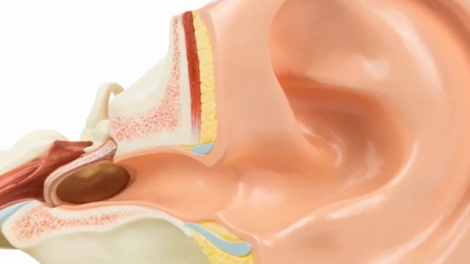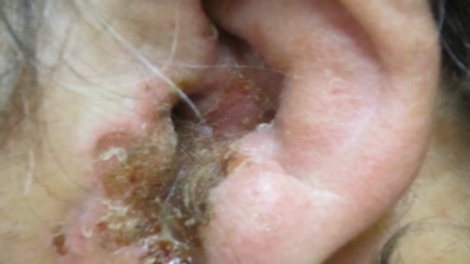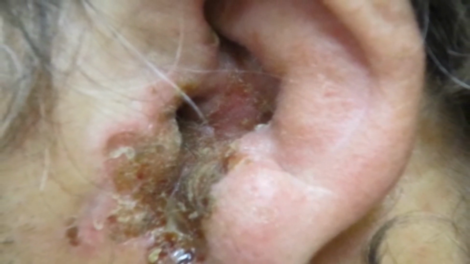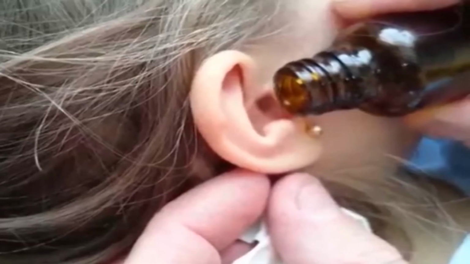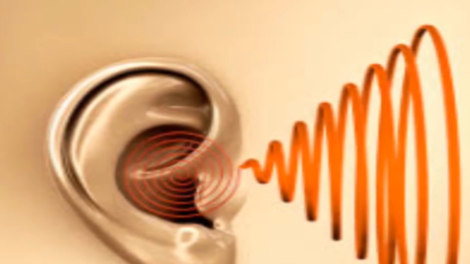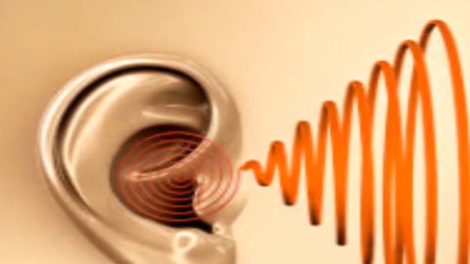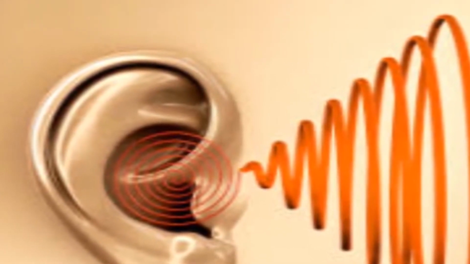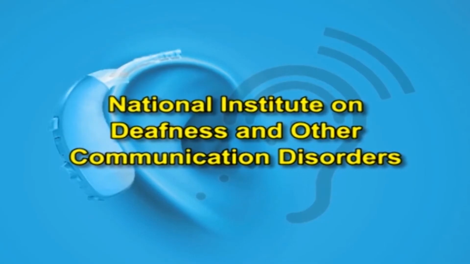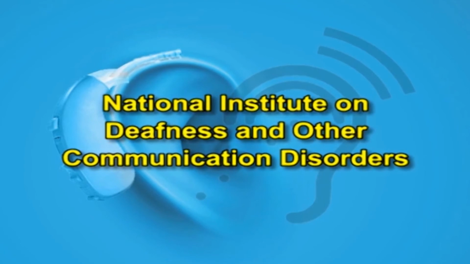The next cause is diseases or viral infections including meningitis, measles, mumps, chickenpox, influenza, etc. The next cause is certain drugs and medications. Then next is long-term exposure to loud noises. Next, head trauma.